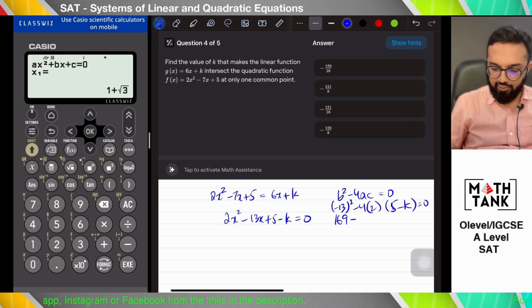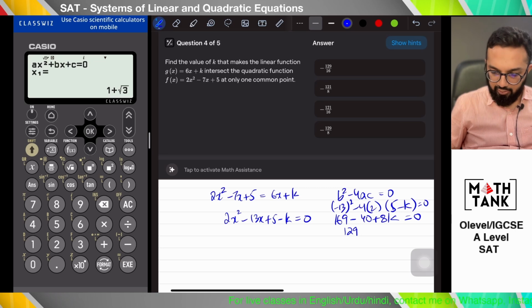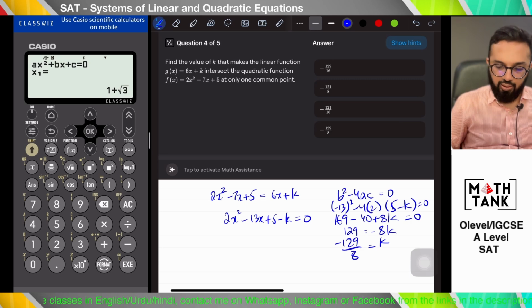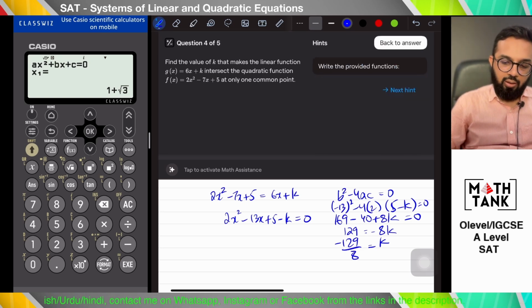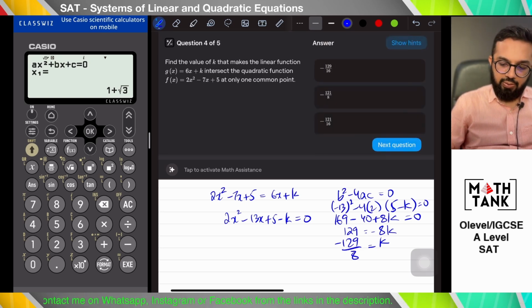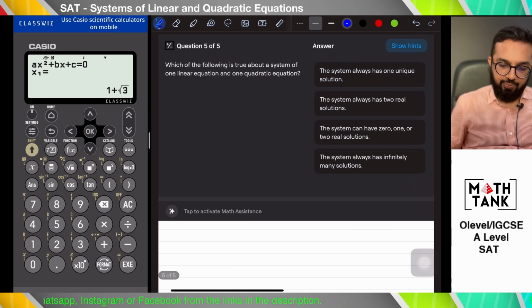So 169 minus 40 plus 8k, that's 129 equals minus 8k, and k equals minus 129 over 8. Okay, back to answer. That's the correct answer.